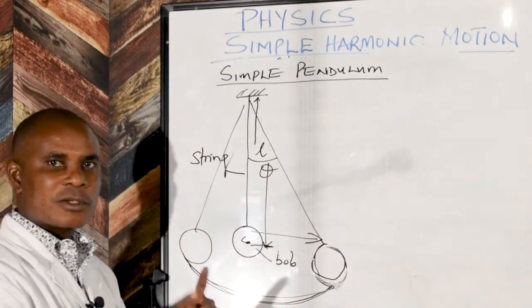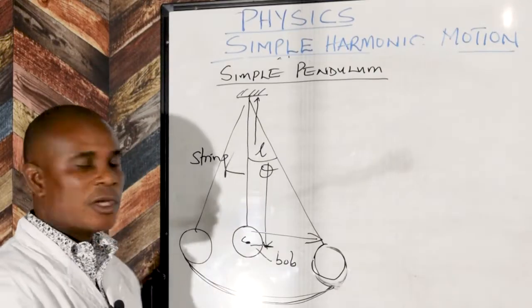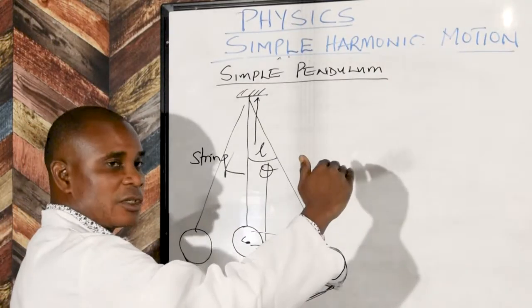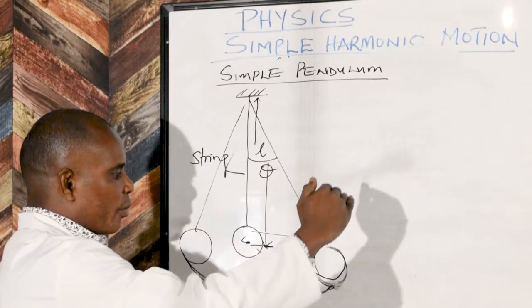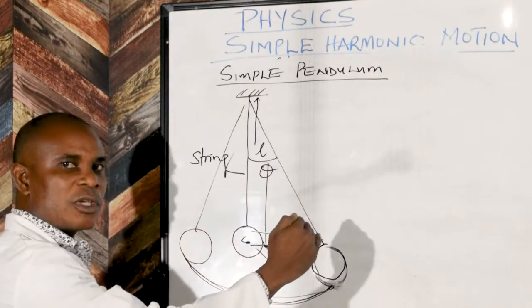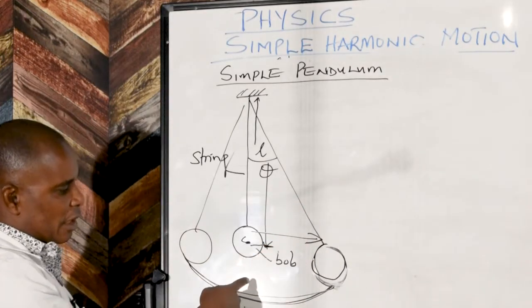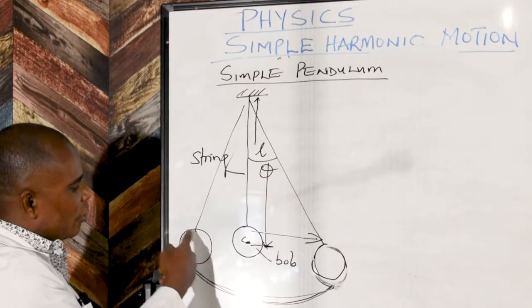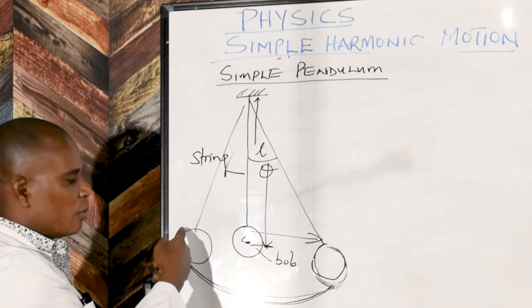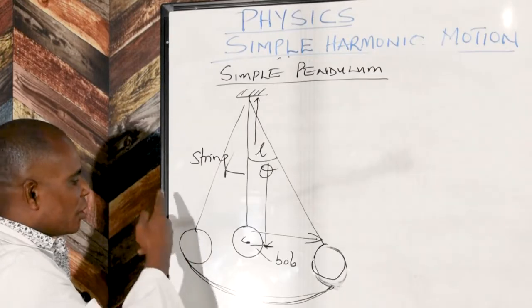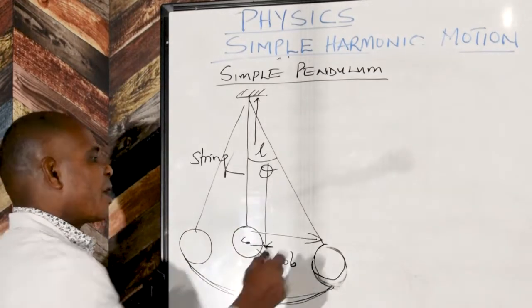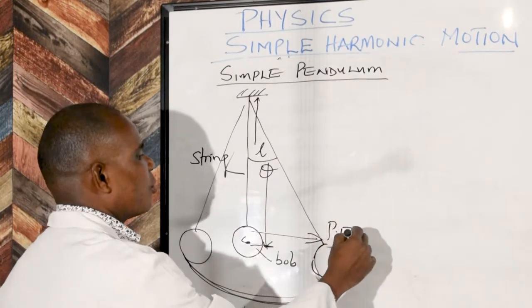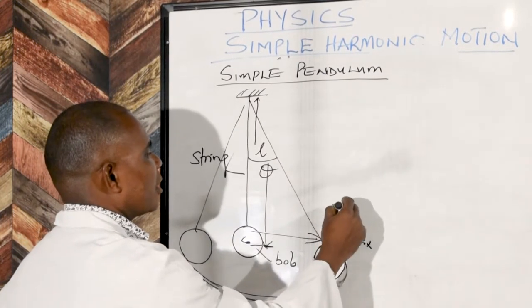And in this case, there's going to be a transformation of energy. There's going to be potential energy somewhere there, and as it is coming down, it is converting all that potential energy into kinetic energy, and the kinetic energy becomes higher at the middle, and it goes up until kinetic energy goes to zero at the extreme, where potential energy is maximum. So PE is maximum at that end, and kinetic energy is zero.